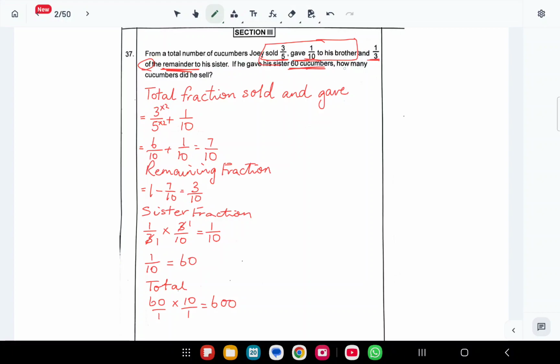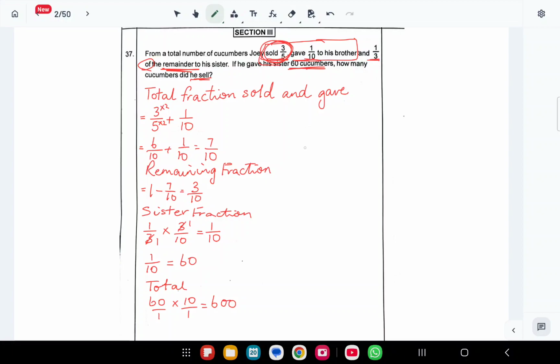So we found out the total now. Now we need to calculate the final part, which says how many cucumbers did he sell. Reading the question here, going back to the beginning, they said from a total number of cucumbers, we now know the total number, which was 600, Joey sold 3/5.